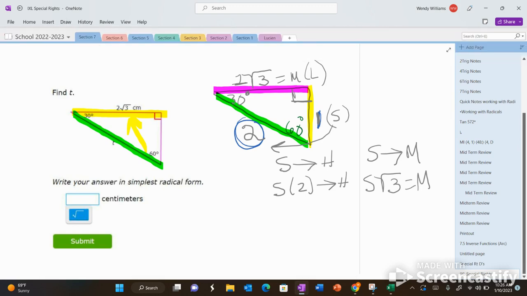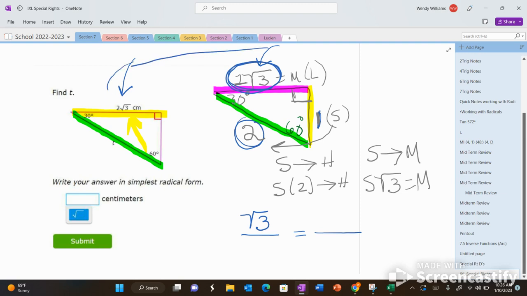So setting up a ratio and proportion, we have to compare corresponding or like pieces. So we go back to the original and say the original medium is the square root of 3.